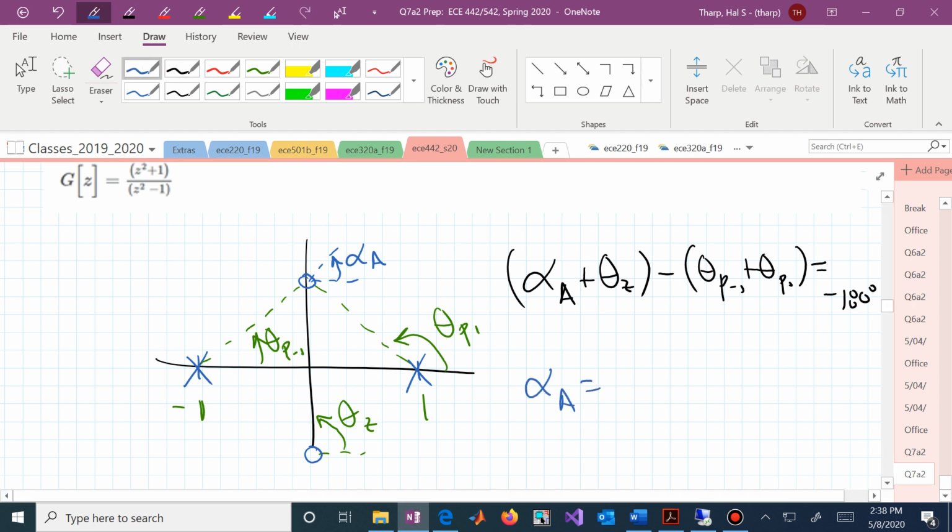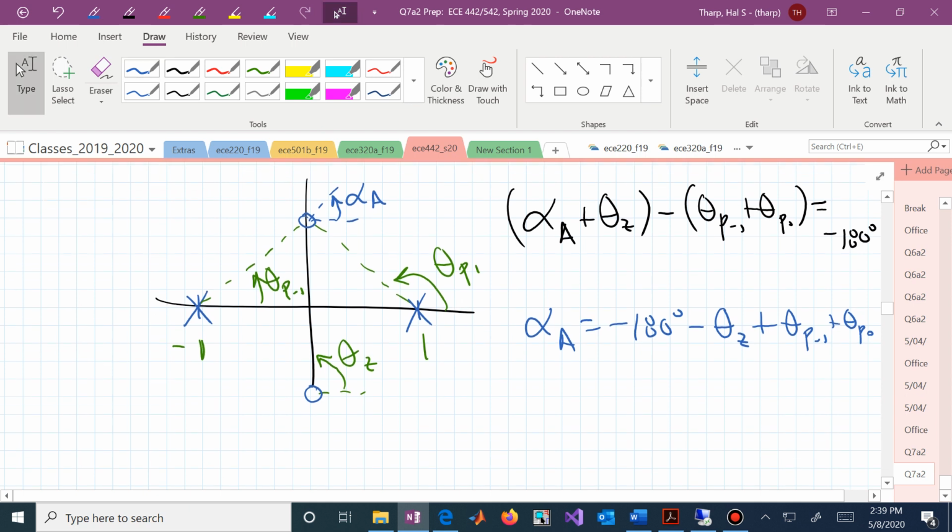Alpha sub A is now minus 180 degrees minus theta sub Z plus theta P minus 1 plus theta P 0, taking those other angles over to the other side of our equality sign. Alpha sub A then is minus 180 degrees minus theta sub Z, which is 90 degrees. That's looking straight up to that 0 in the upper half of the Z plane. Theta P sub minus 1 is 45 degrees.